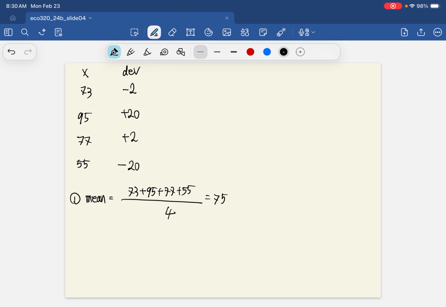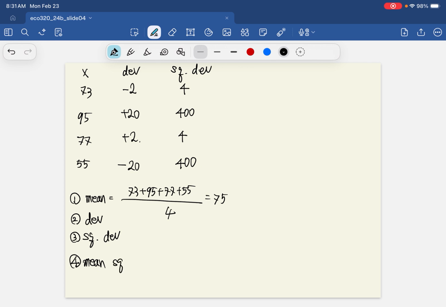Okay, so the second step has been done, it is deviation. Third step, squared deviations. Square the deviations, that is, minus 2 squared is 4, and 20 squared is 400, and 2 squared becomes 4, minus 20 squared becomes 400. And the last step, we are going to calculate the mean of the squared deviations.